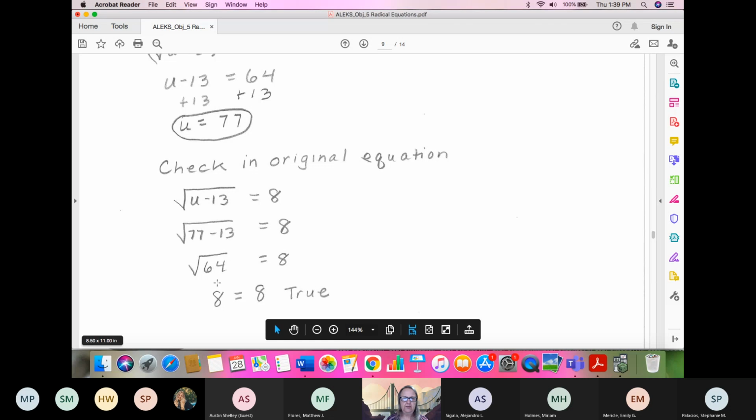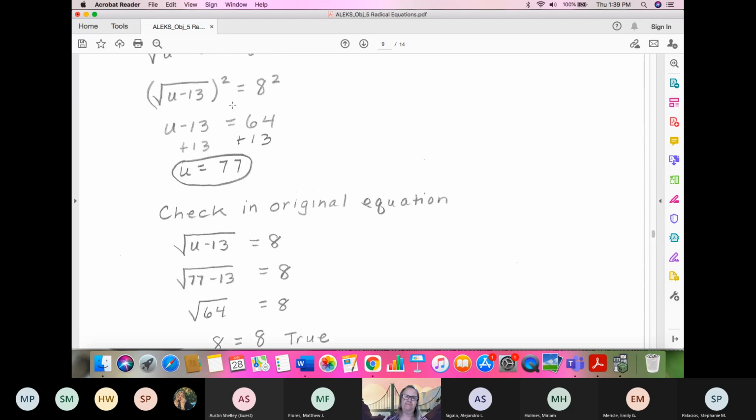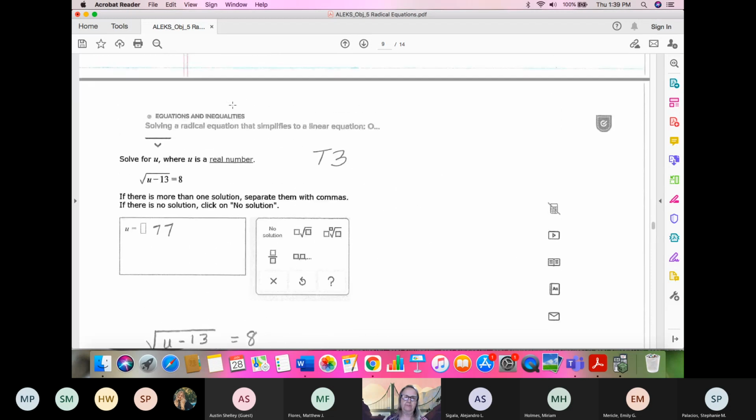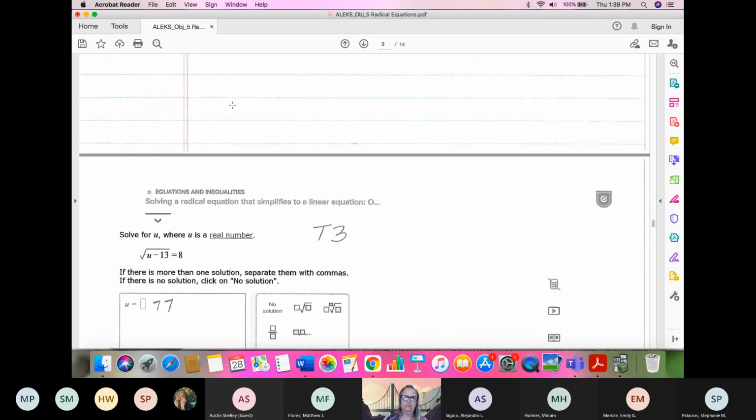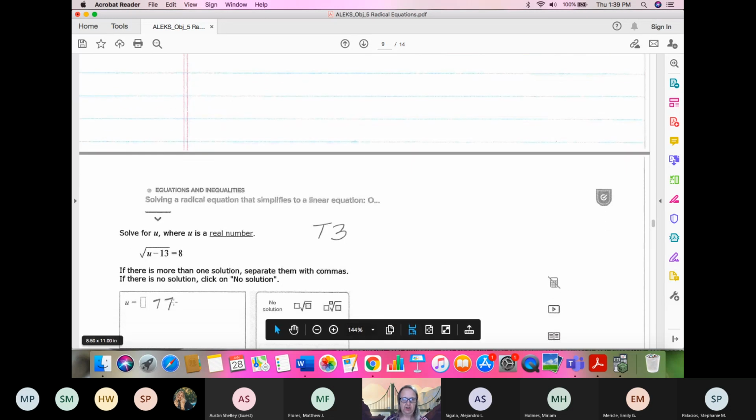And we want to know if that's equal to 8. Square root of 64 is indeed 8. 8 equals 8 is true. So that means this is indeed a solution. So u equals 77 is a solution. Everybody good? Just check it up here.